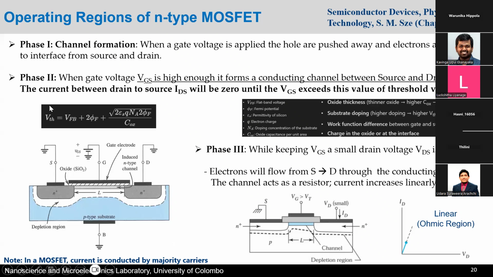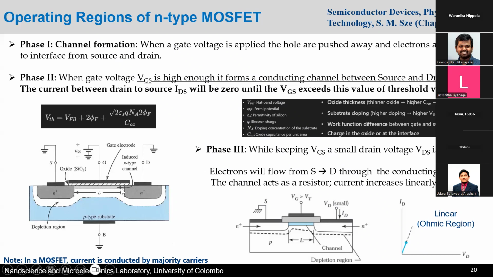So there is an equation for the threshold voltage that depends on the doping levels in the semiconductor, the permittivity of the semiconductor, the surface potential, and also the gate oxide capacitance, right? So this is basically a capacitor because you have metal here, then we have an oxide here, and then we have another channel that is conducting.